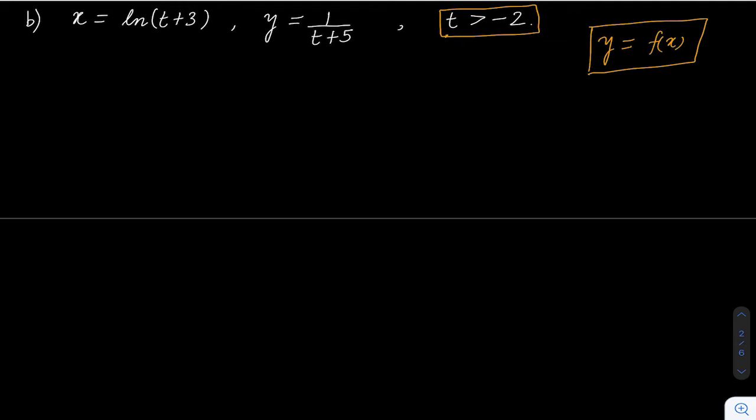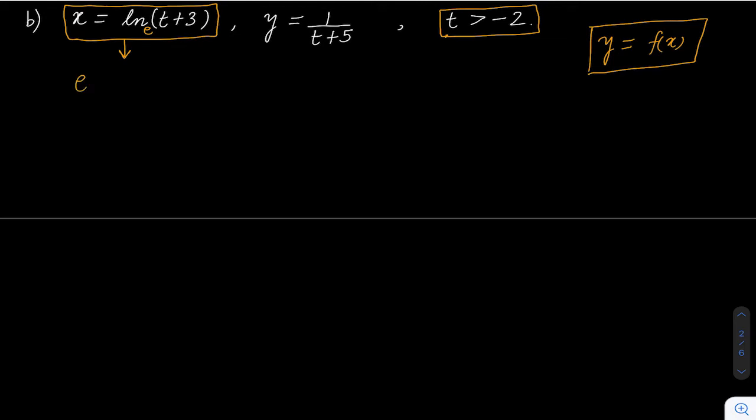And this method works in most of the cases. Not in every case it will work. We will see as we solve more examples. Okay, so now first equation, this is a logarithmic equation, right? And if you have studied logarithmic equations in year 1, you know I can convert this equation into exponential. If I convert this into exponential, what will happen is ln means this base is e.